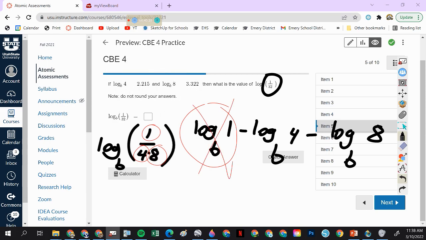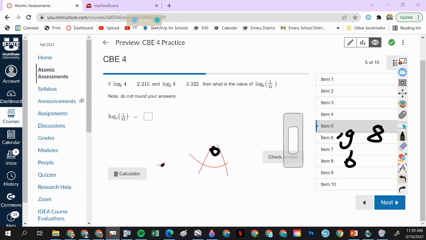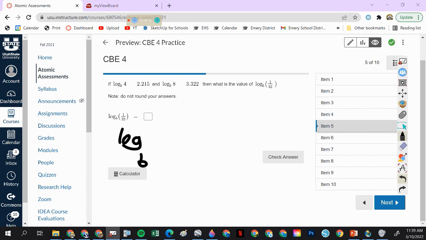Okay. Do I know what log base b of 4 and log base b of 8 are? Yeah, it gave me the decimals. So I don't know what b is, but I can figure it out by just taking the opposite of this and subtracting that. Okay. What if it said log base b of 2?